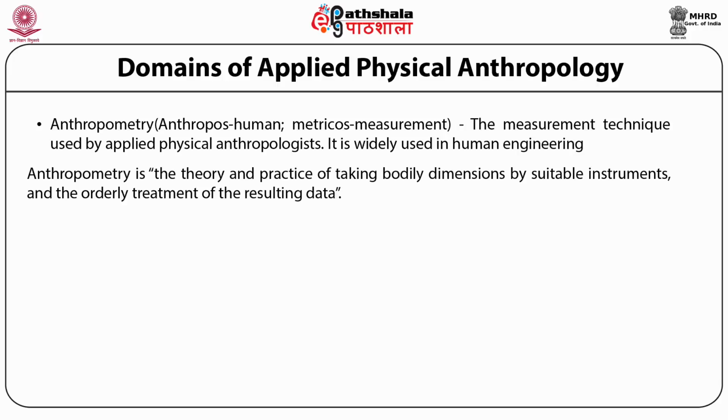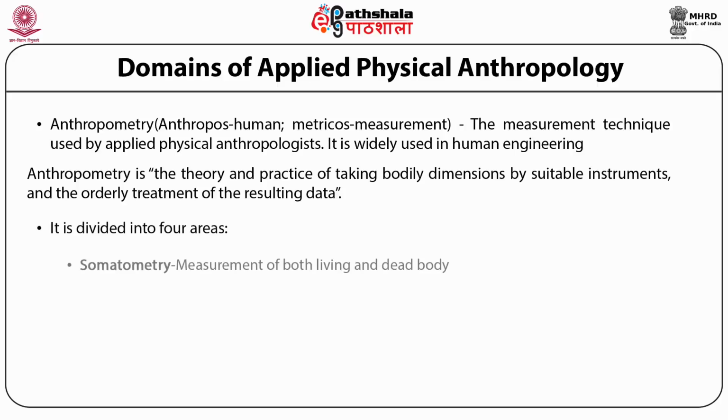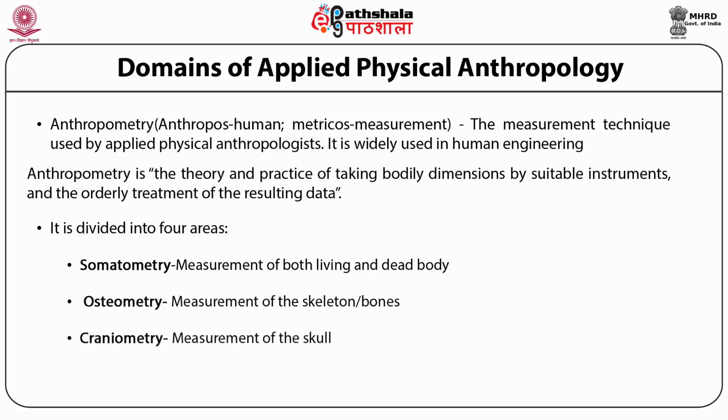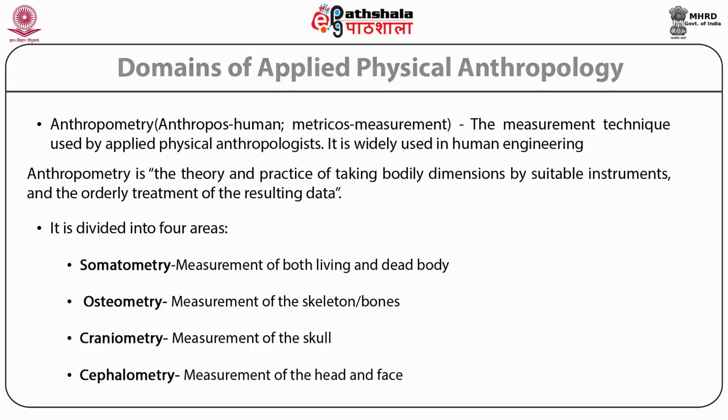The technique is widely used in human engineering. It is divided into four areas: somatometry, concerned with measurement of both living and dead bodies; osteometry, measurement of the skeleton or bone; craniometry, the measurement of the skull; and cephalometry, which is concerned with the measurement of head and face.